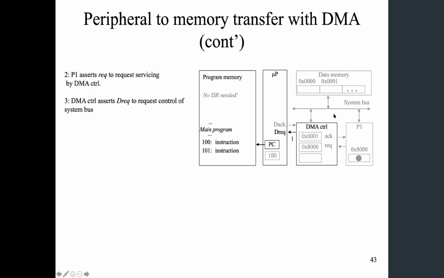This system bus is, there's just one set of system bus. Everybody is connected to this system bus. Microcontroller, DMA controller, P1, memory. So there got to be some master to perform the control so that we can start doing data transfer.